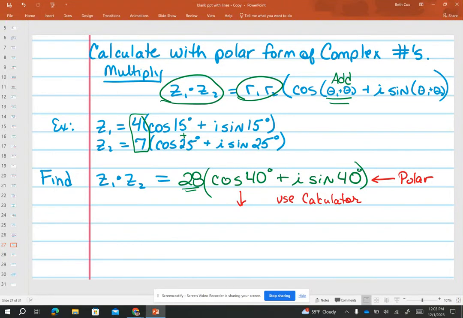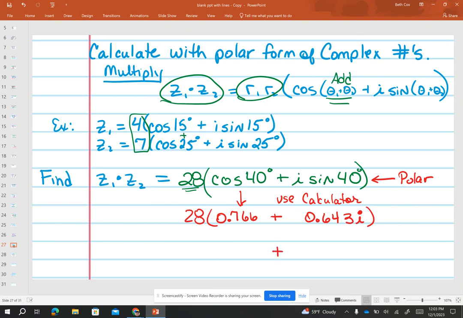40 degrees, which is going to give me 0.766. And then I'm going to do the sine of 40 degrees, and I'm going to get 0.643i. And then I'll multiply both of those by 28.